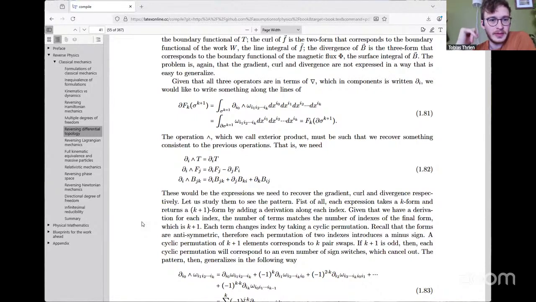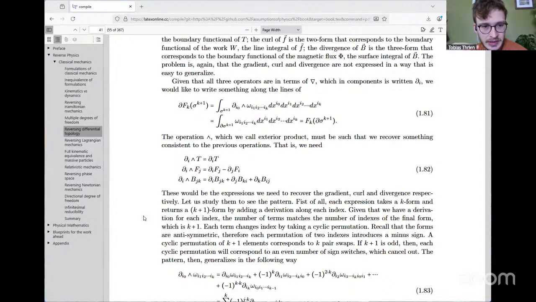Given that all 3 operators are in terms of nabla, which in components is written partial i, we would like to write something along the lines of: partial f_k of sigma k plus 1 is an integral over k plus 1 of partial i0 wedge omega with k indices, and then integral over k dx's.